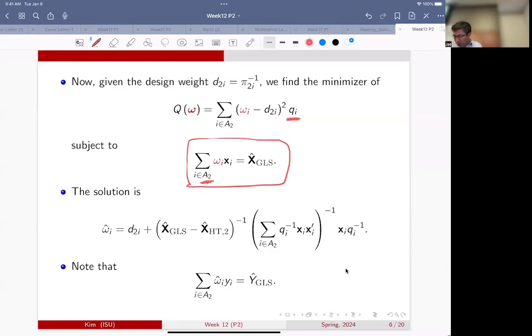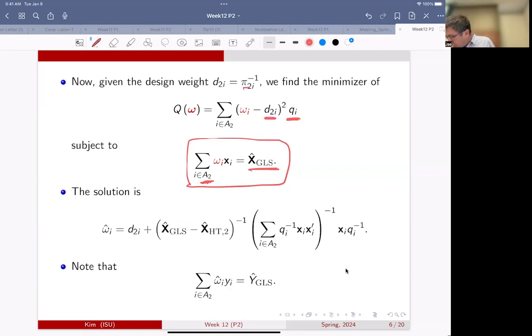And the weight is supposed to satisfy this constraint, right? We want the weight to satisfy the best estimator of the total of x if applied to xi in my sample. That's the natural thing to consider. And the interesting part is that I know the design weight already, right?